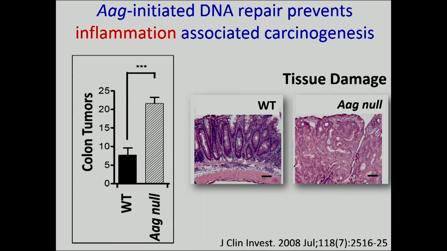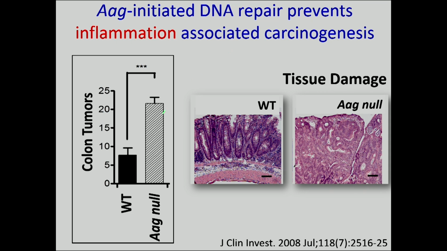And we directly demonstrated that this indeed is the case: if we take these repair-deficient animals and put them through several rounds of inflammation or colitis, we find that the repair-deficient animals have 3 times more tumors than the wild-type animals that can carry out repair.